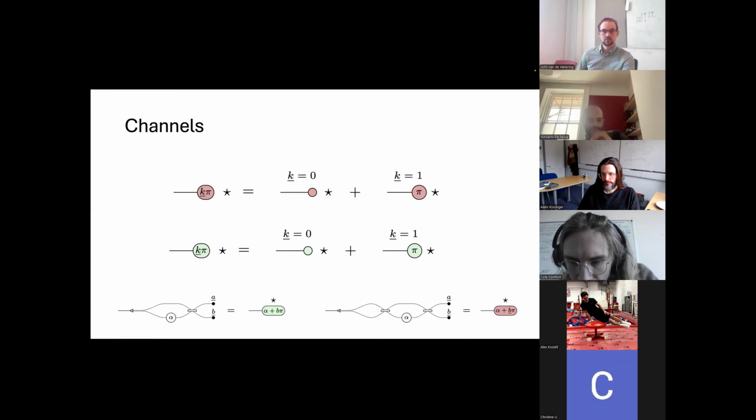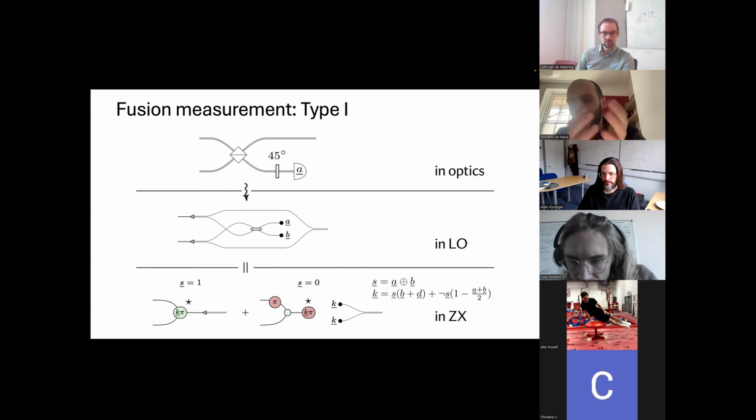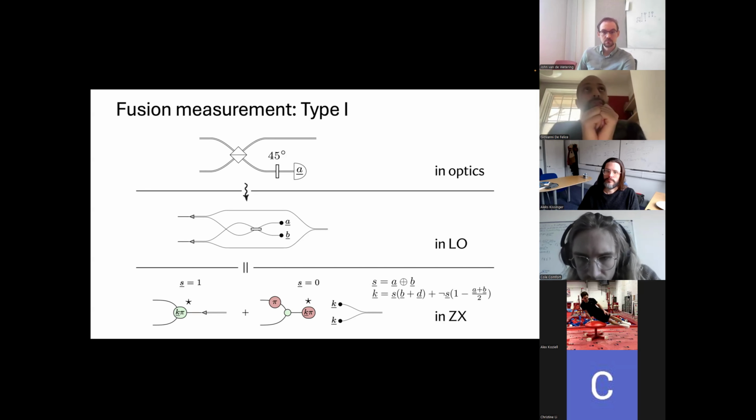Okay, so far we've only looked at single qubit processes. How do you perform entangling operations in optics, in photonics? The basic idea was introduced by Brown and Rudolph in 2006, although variations on this idea existed before.